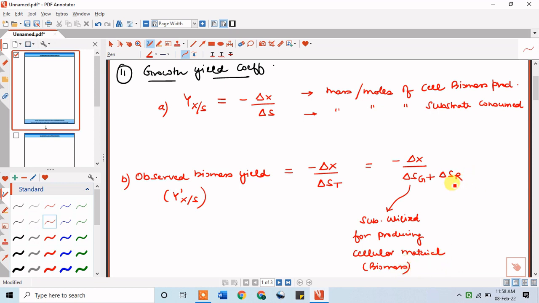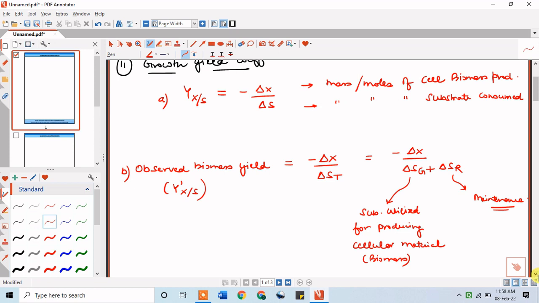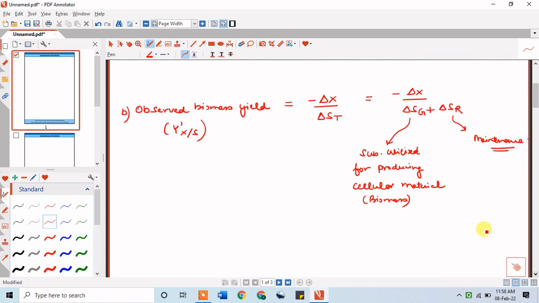And what about delta Sr? What is delta Sr? It is the substrate that is utilized simply for maintenance, that is written as delta Sr. And so this delta St is the sum of delta Sg and delta Sr. So this is what is observed biomass yield. ये आपका हो गया observed biomass yield.